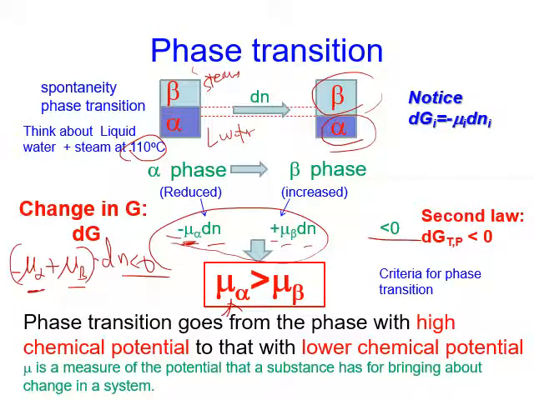Therefore, the conclusion is that phase transition goes from the phase with high chemical potential to that with lower chemical potential. This is similar to the situation where water always falls from high elevation to low elevation. Phase transition goes from high chemical potential to low chemical potential.